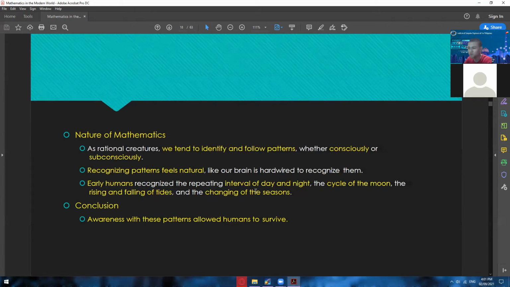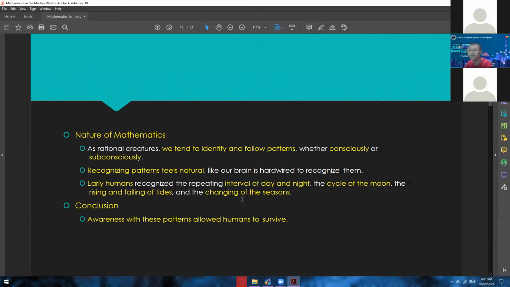We would be shocked, wondering why there is no night. If it were random, 2 days, 1 night, 3 days, 1 night, we would die, because we cannot anticipate what is happening around us or in the world. These are the common patterns that early humans had already recognized.